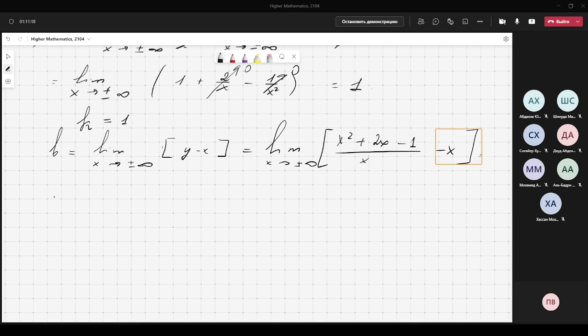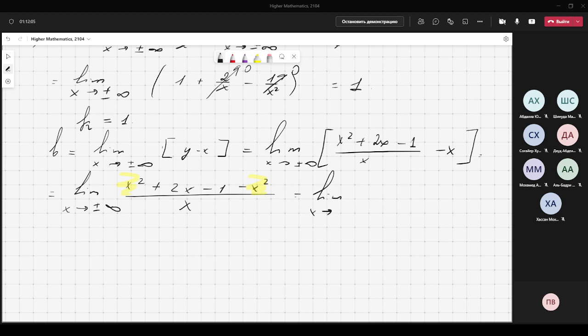This is the limit as x approaches plus or minus infinity of x squared plus 2x minus 1 minus x squared over x, equals the limit as x approaches plus or minus infinity of 2 minus 1 over x, where 1 over x approaches 0, equals 2.